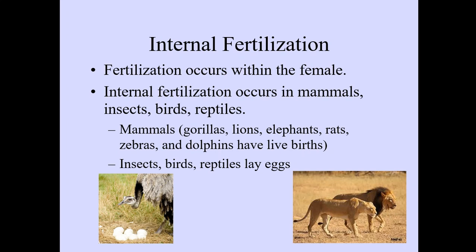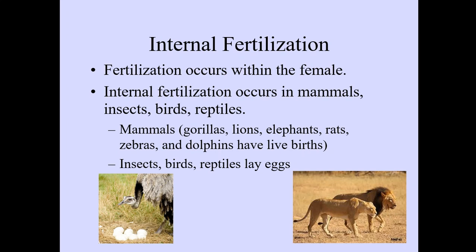Fertilization or the meeting of sperm and egg cell should be done within the female, sa loob ng babae. So, internal fertilization occurs in mammals like us kasi we are mammals. Also with insects, birds, and reptiles.